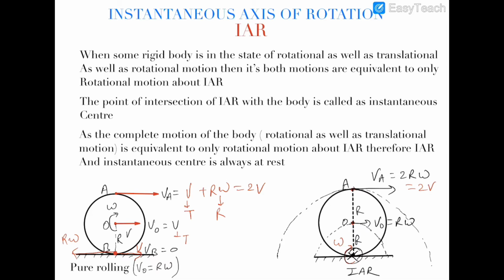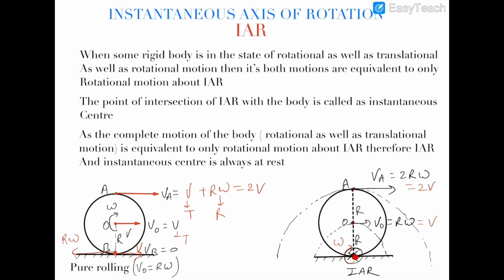Now the velocity of point O would be r omega, because O is situated at a distance of r from the instantaneous center. Therefore its velocity would be r omega, and r omega is equal to v. So the velocity of point O is also unaltered.